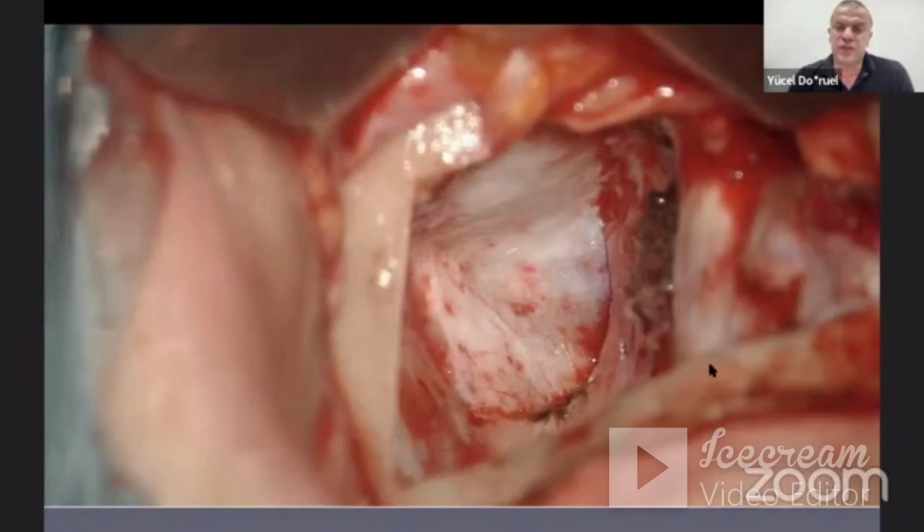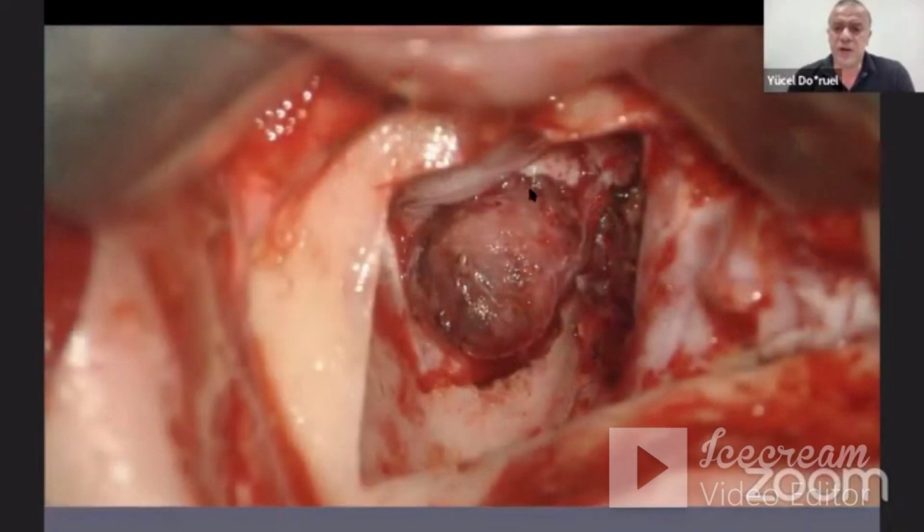After we remove the anterior wall of the maxillary sinus, the orbit is directly visible. In this patient, the mucosa of the maxillary sinus is removed, and here we can see the inferior aspect of the orbit. This is the floor of the orbit. After removing this part, it's easily accessible for these lesions.